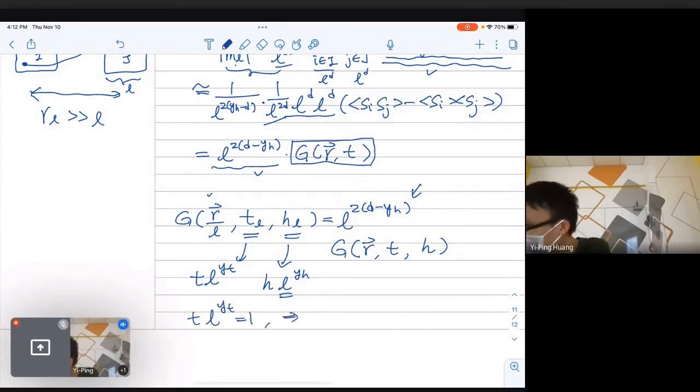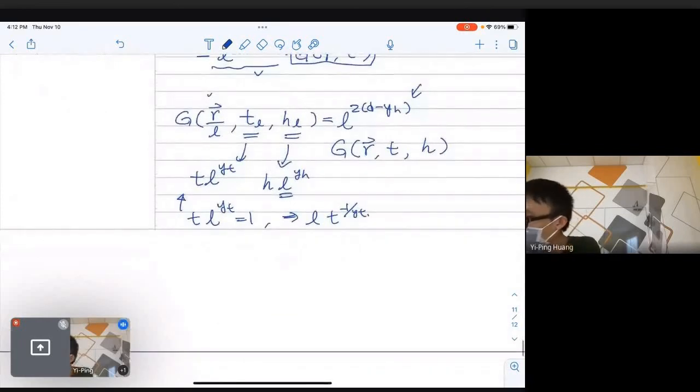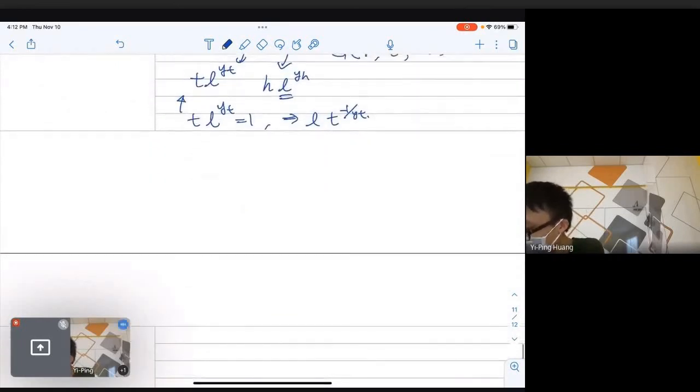That basically effectively says that we can replace L everywhere by t to the power of minus 1 divided by y_t.